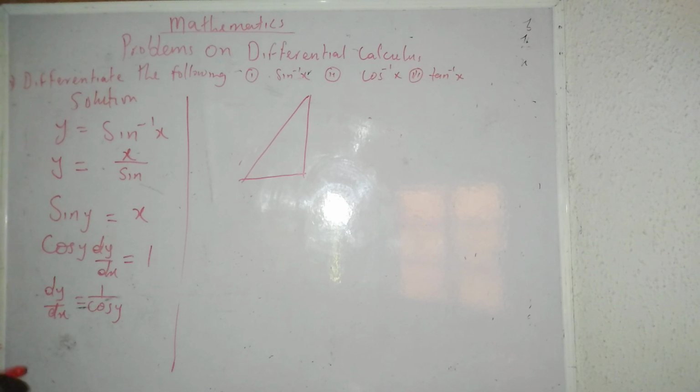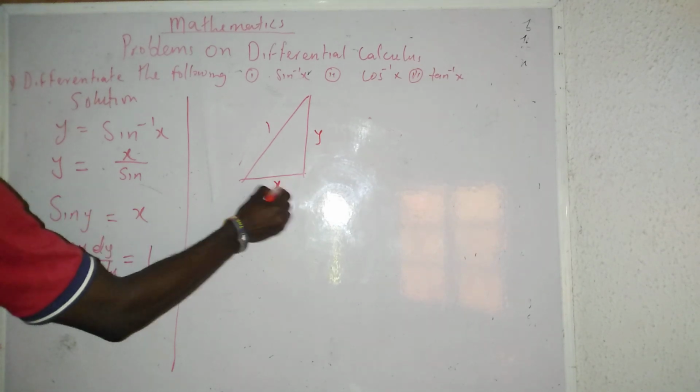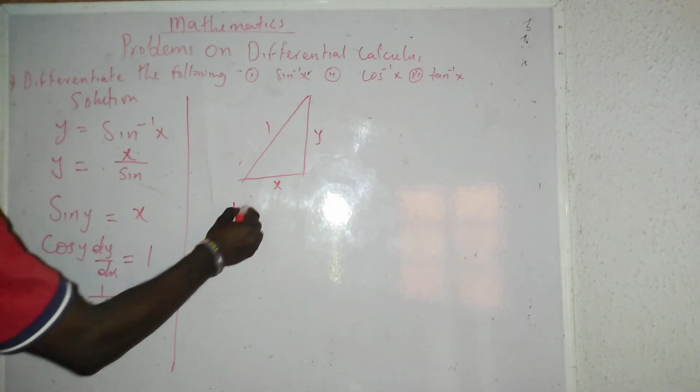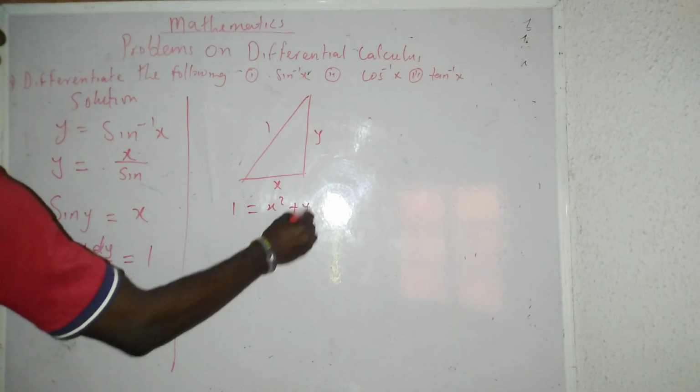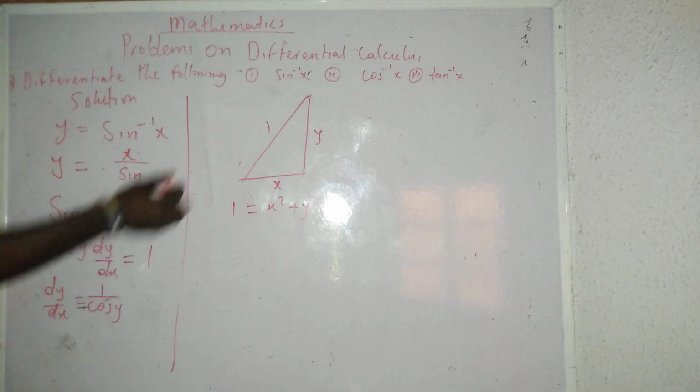Pythagorean theorem can tell me that this is 1, this is y, this is x. It means 1 equals x squared plus y squared.